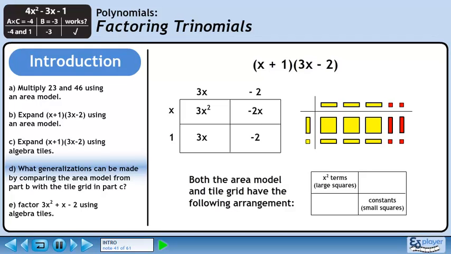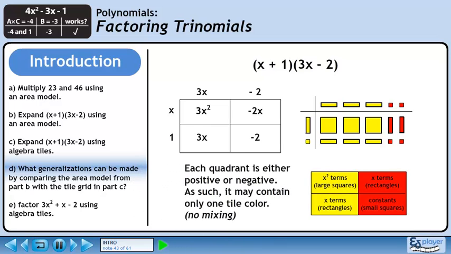The bottom right rectangle contains constants. The other two rectangles each contain x terms. The next generalization is that each quadrant is either positive or negative. As such, it may contain only one tile color.